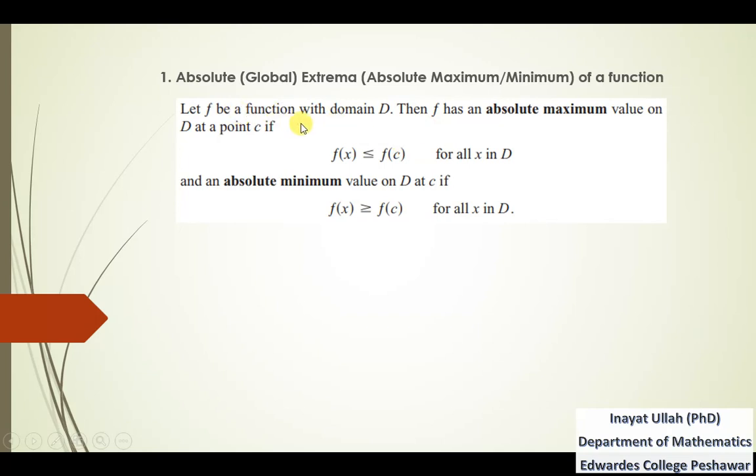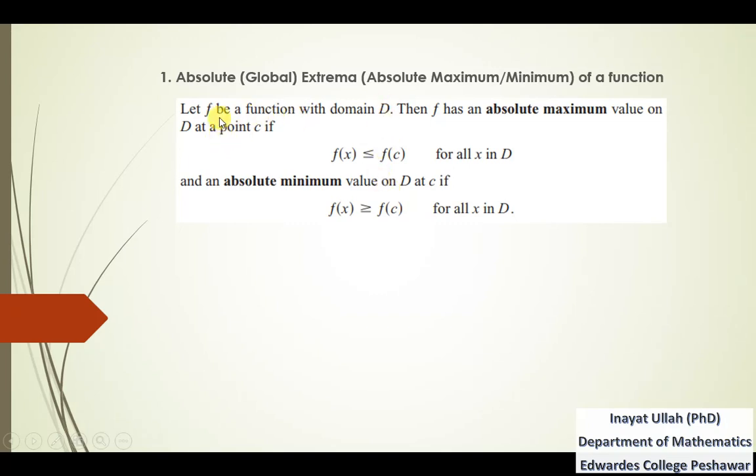Let f be a function with domain D. In the previous figure we took the domain a comma b, because the function starts from x equal to a and ends at x equal to b.